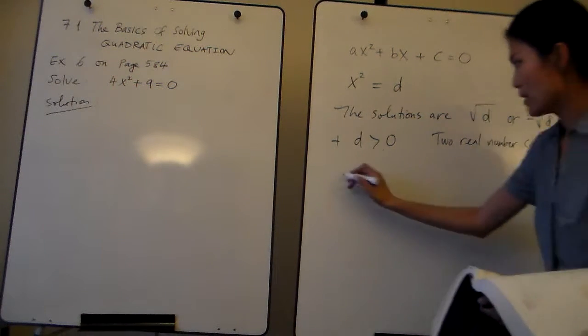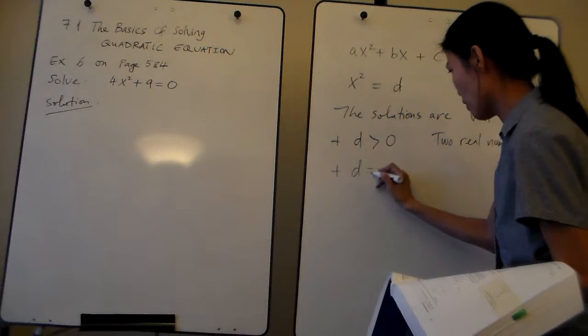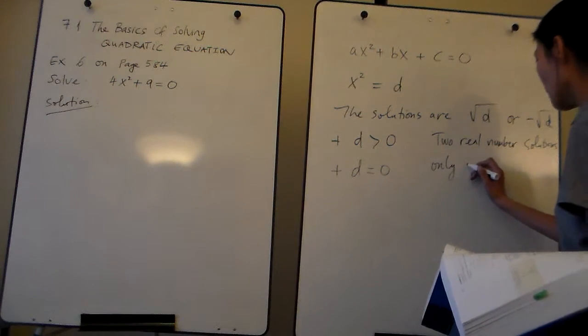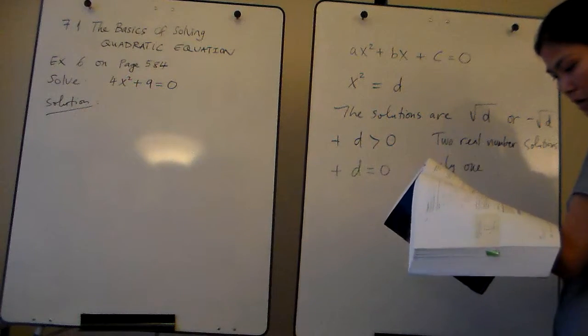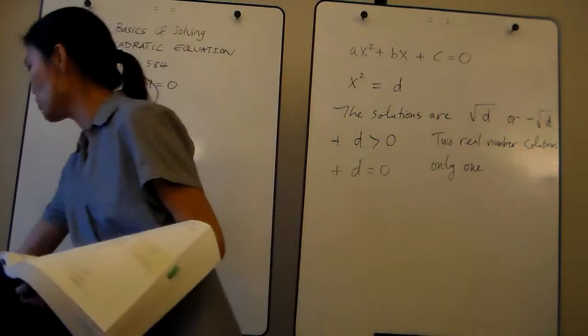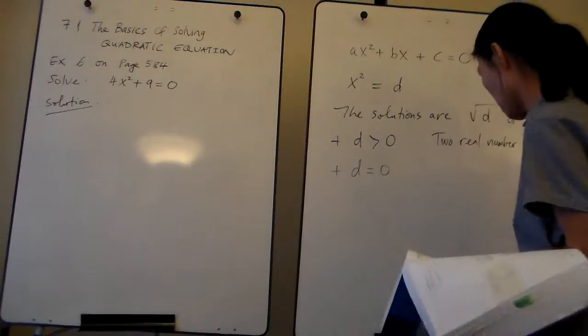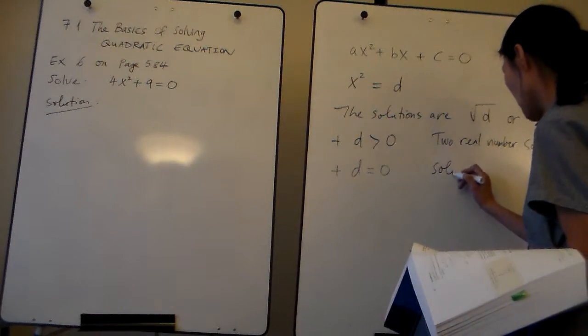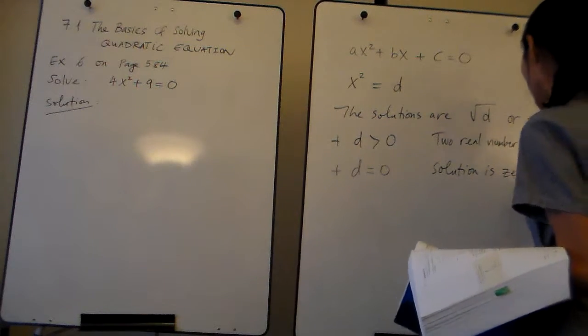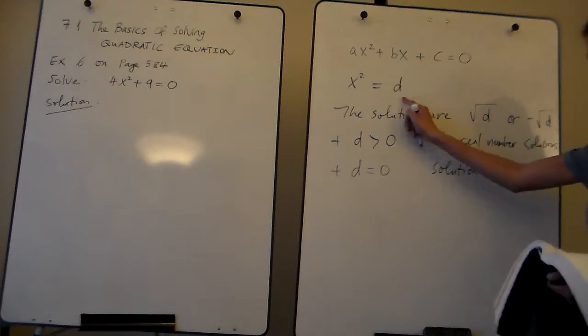Now when d is equal to 0, there's only one solution, and the solution is 0. This is the only solution when d equals 0.